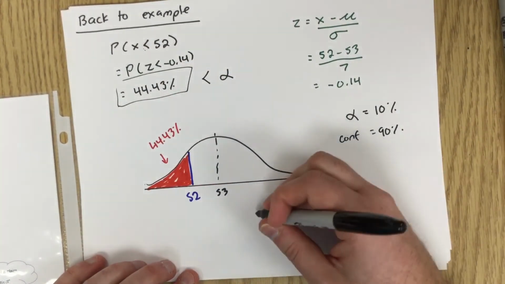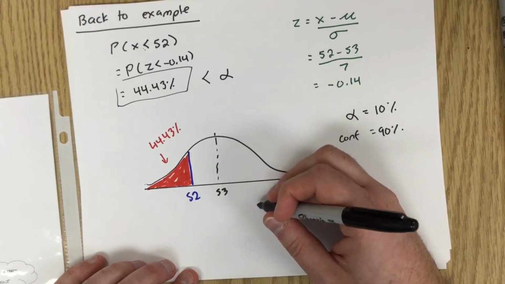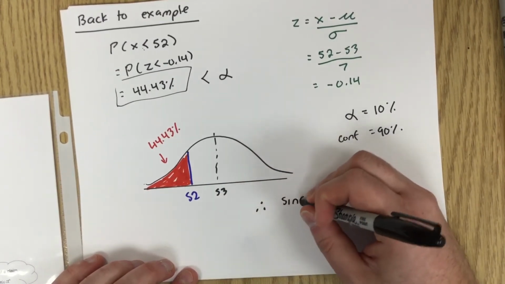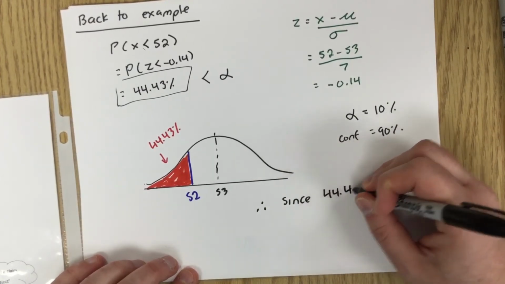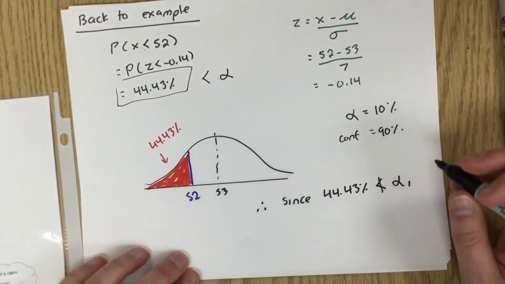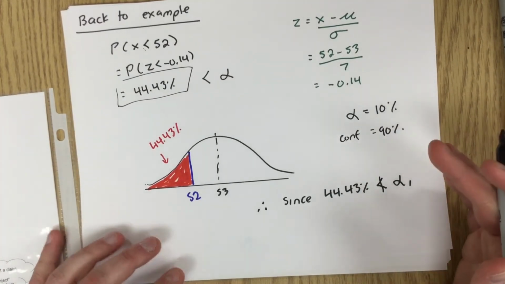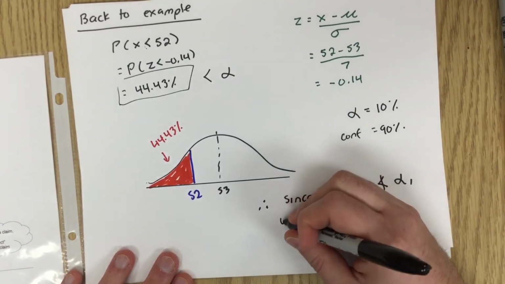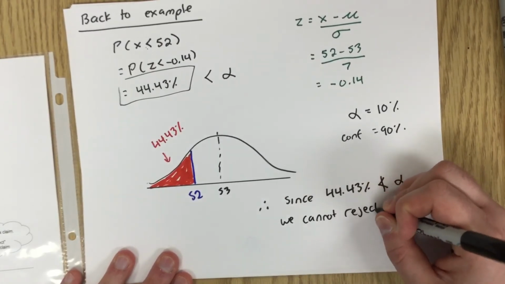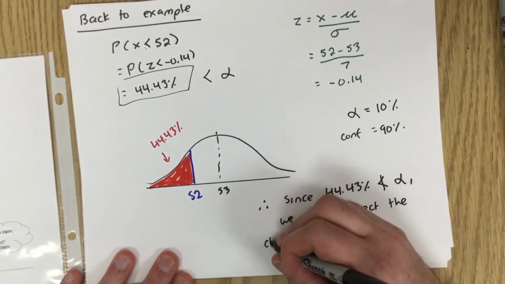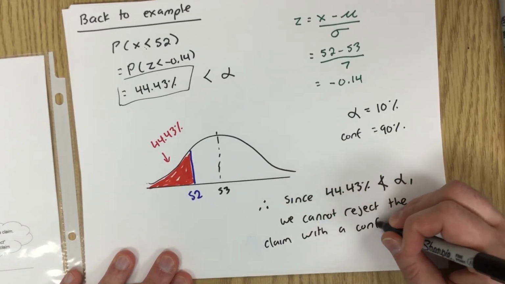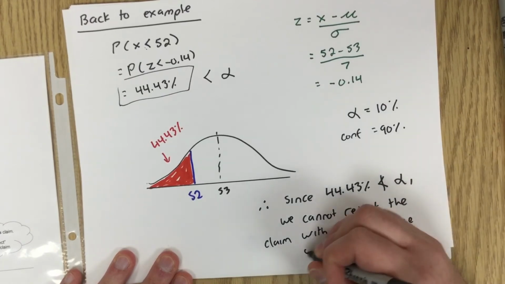So now we're at our conclusions. What we say is, therefore, since 44.43% is not less than alpha, what that means is we're not saying that the company is telling the truth, but we cannot reject the claim with a confidence of 90%.